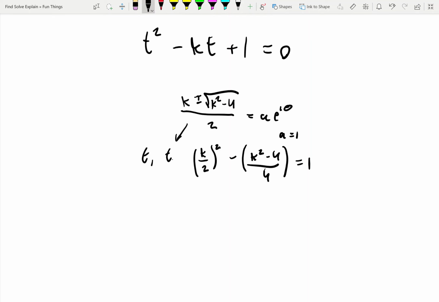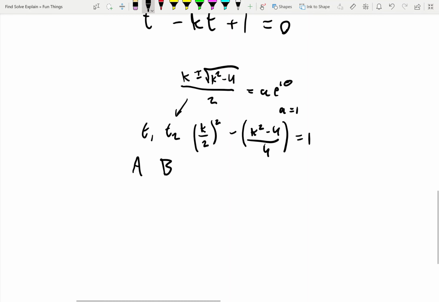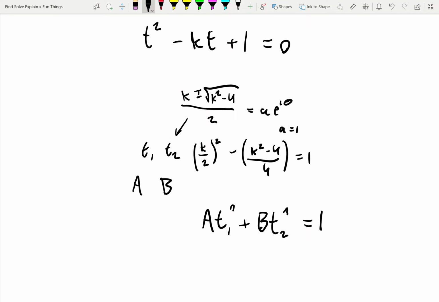How about t1 and t2, and we're going to call the constants we're multiplying them by big A and big B. So big A times t1, which is the positive one, plus big B times t2, to the n, is equal to bn.